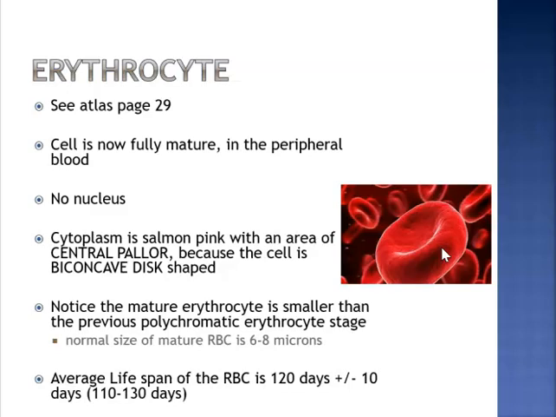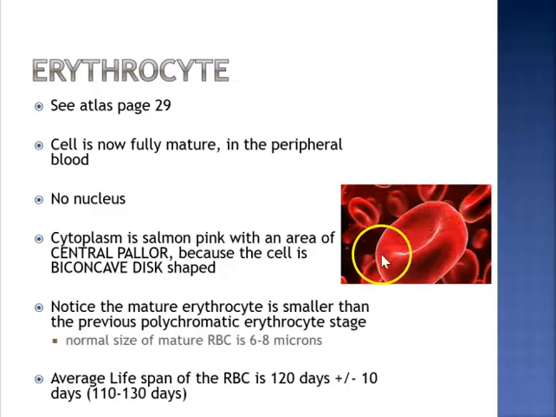The cell at this point is fully mature and it's out in the peripheral blood. You will not see any nucleus. The cytoplasm is a salmon pink color, and you'll have an area called the central pallor because the cell is what we refer to as a biconcave disc shape.